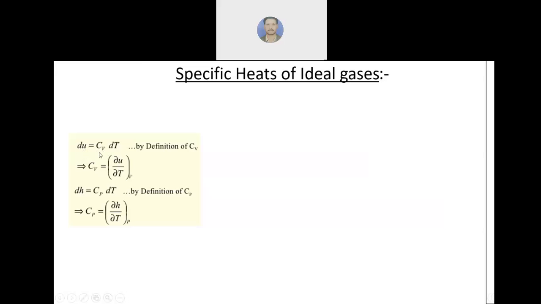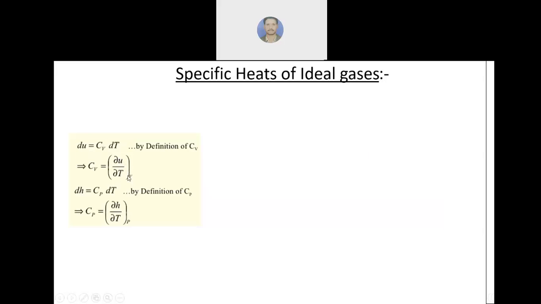Simplify it and you will get Cv equals du by dT, and this is at constant volume. Small v is written here to represent that the process is occurring at constant volume. Cv represents specific heat at constant volume.